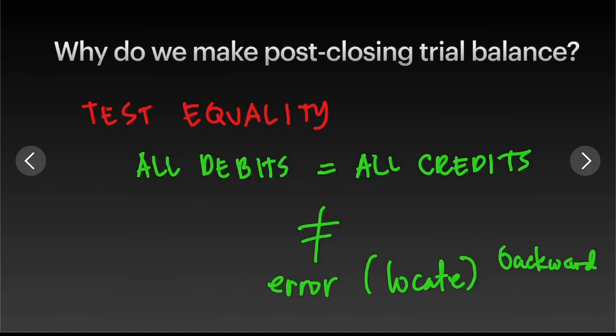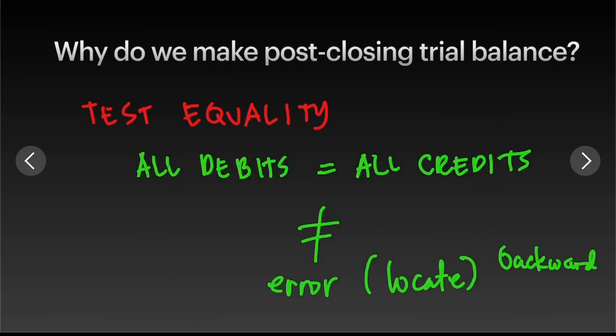So, if post-closing trial balance is what we are talking about, let us assume that the debit is not equal to credit, so you follow the steps in locating errors. When we say backward, you might consider first, of course, checking the accuracy of the computation, checking the totals, checking the addition and everything.